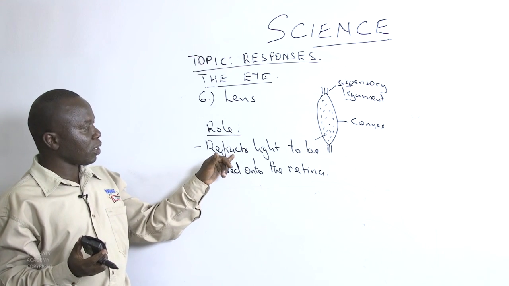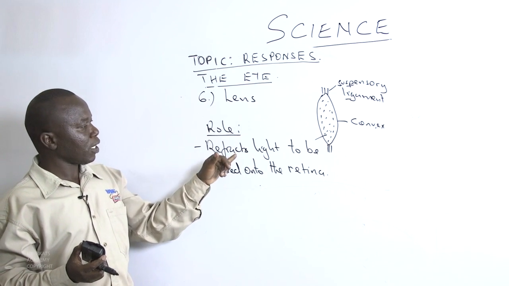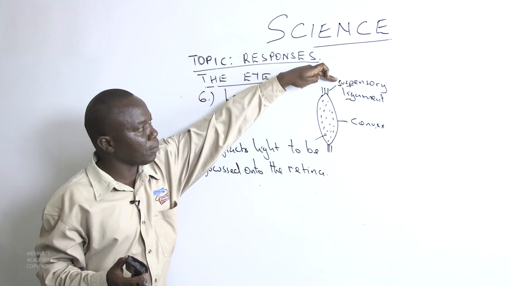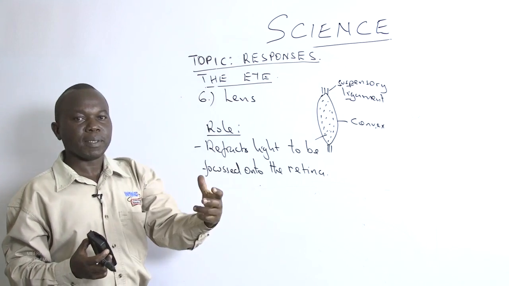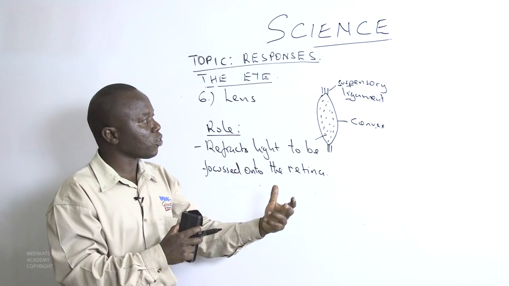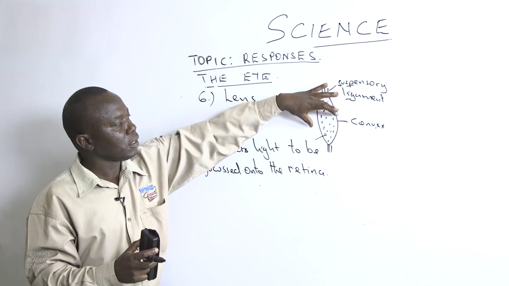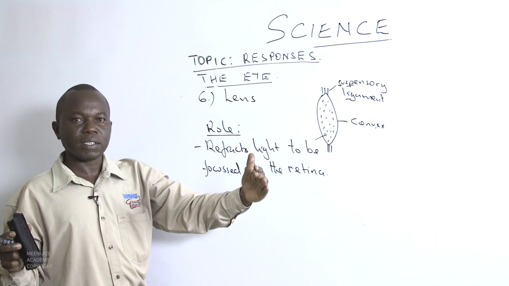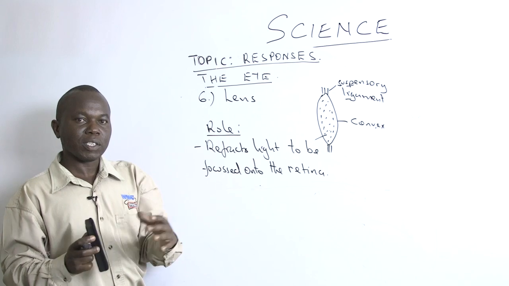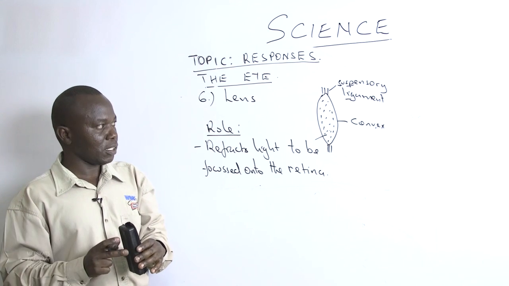So I've just been trying to explain how that refraction takes place. It takes place with the help of the suspensory ligaments, either relaxing or contracting. When they relax, the curvature of the lens increases, and when it increases, more light is refracted.